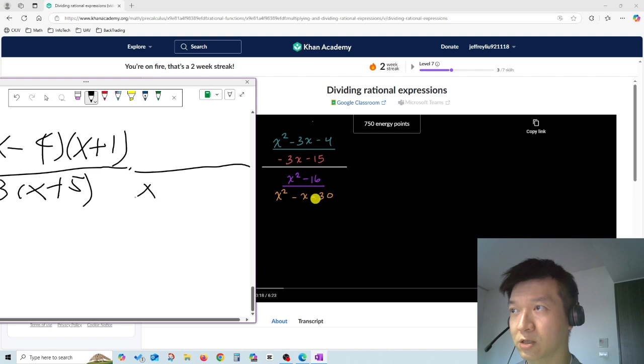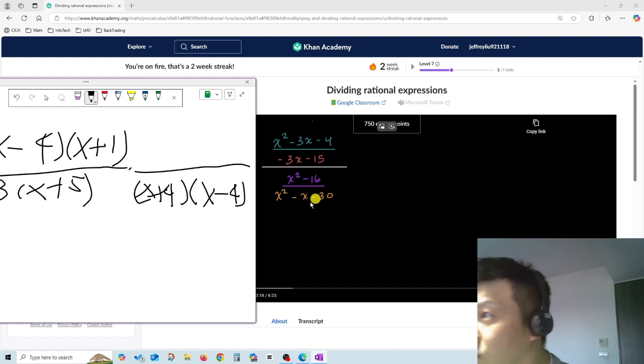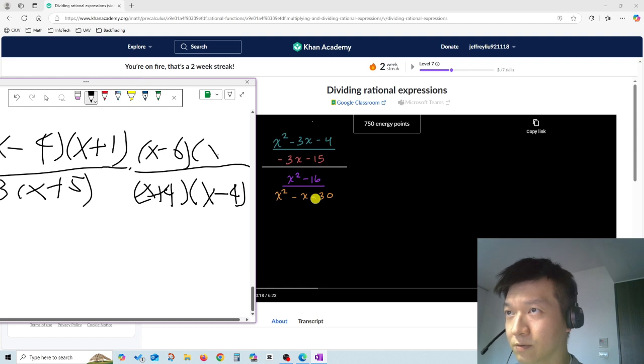So your x plus 4 and x minus 4 will be underneath, right? And this will be up, which is 5 and 6. So minus is the 6, plus it's the 5.